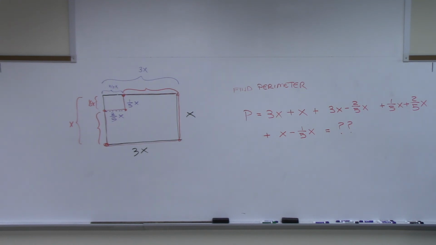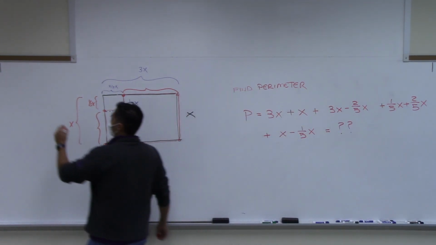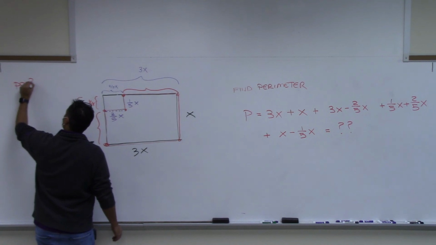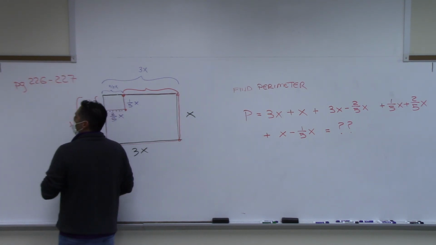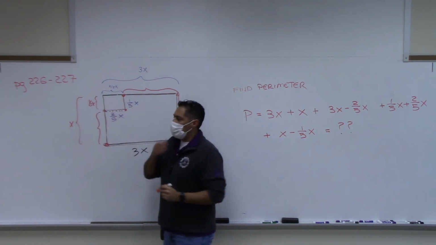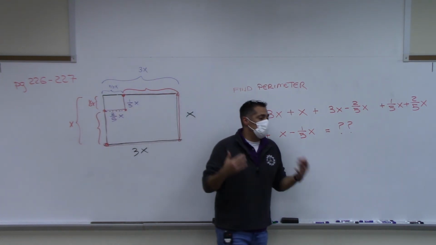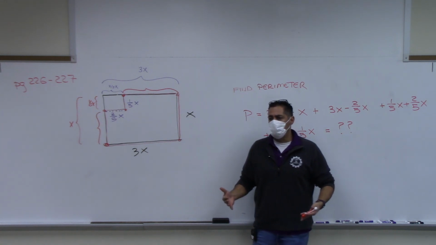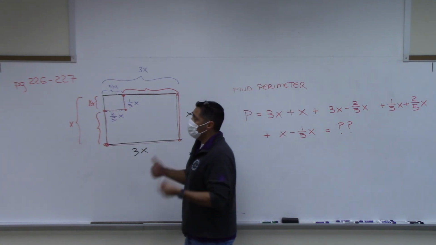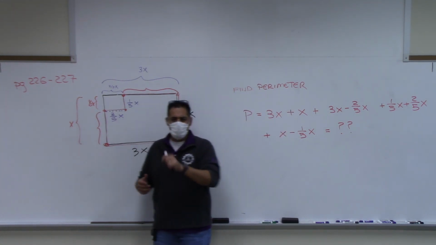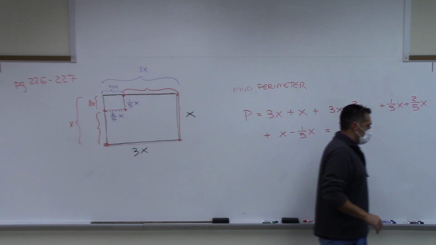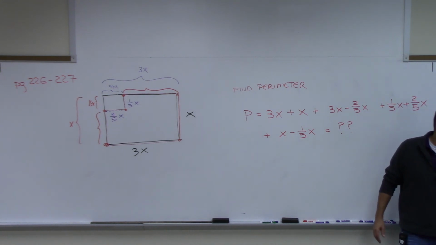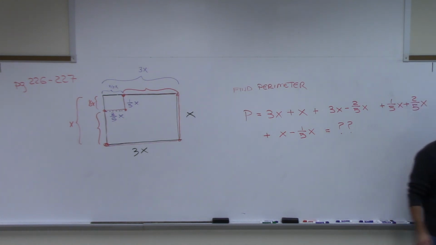So for your homework, for what we've covered so far today, page 226, 227 in the packet. I would say do as much as you need to feel comfortable. If you feel good about it, just make sure you do a couple that maybe look a little weird to you. That way you're prepared for any test problems from that section.